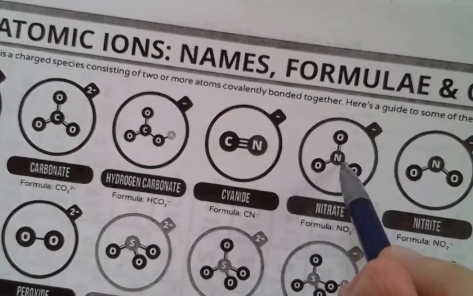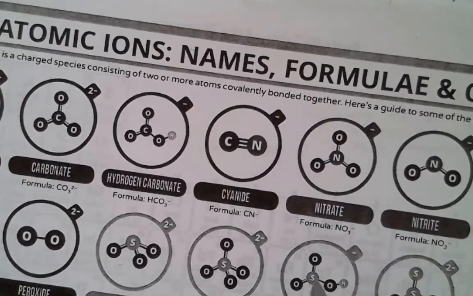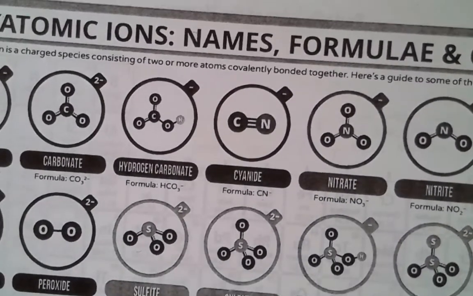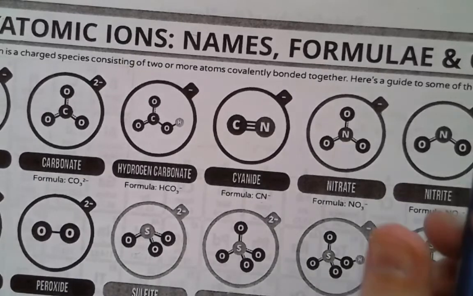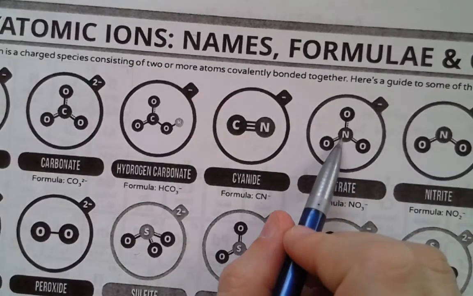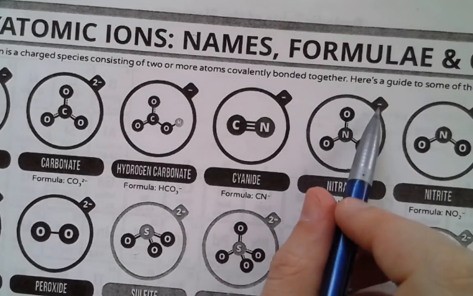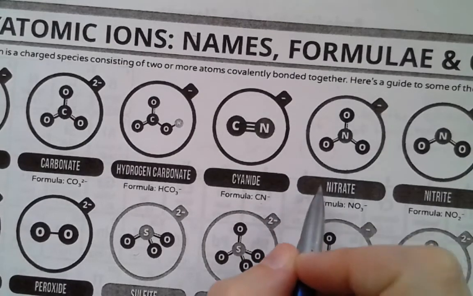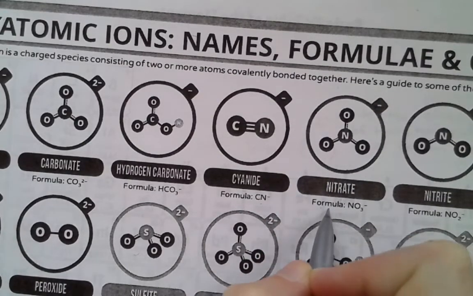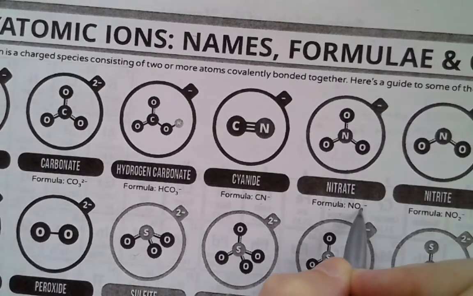That's where we've got 1 nitrogen, 3 oxygens. And this page tells you all the things you want to know. It tells you 1 nitrogen and 3 oxygens has a charge of -1. It tells you that it's called a nitrate. It tells you its formula is NO3, and that charge is your key. The charge is -1.